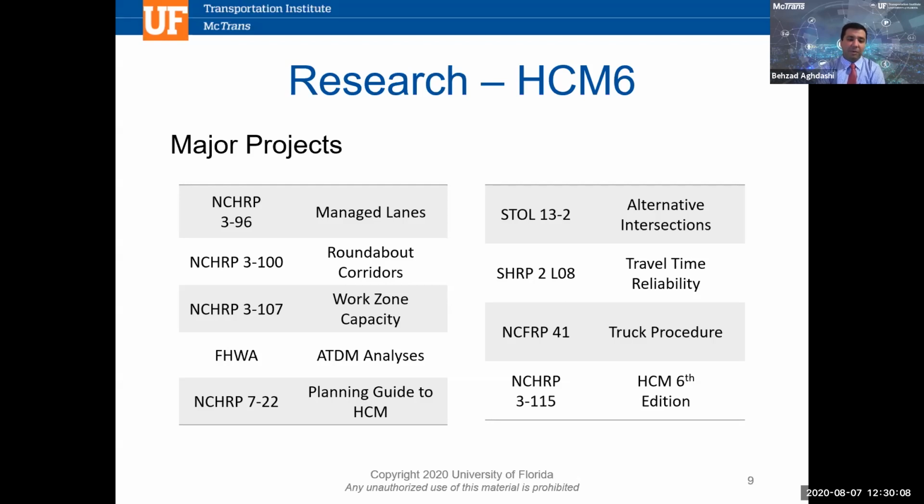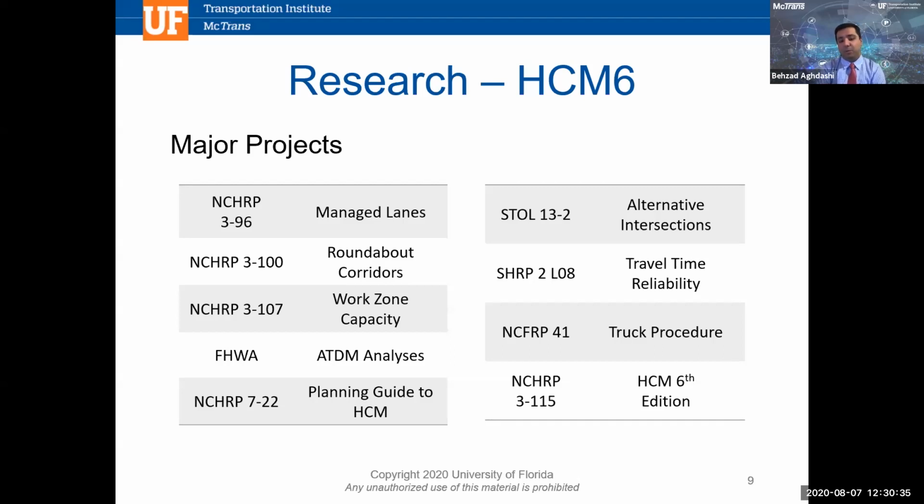Then people in the United States, through the years, learned how to drive through roundabouts, maybe in a quicker way, which results in a higher capacity for roundabouts. And then NCHRP 3-100 also looked into these capacities. So the capacity numbers, not the method, in the HCM 6th edition are much higher, 20-30% higher than what we had in HCM 2010.